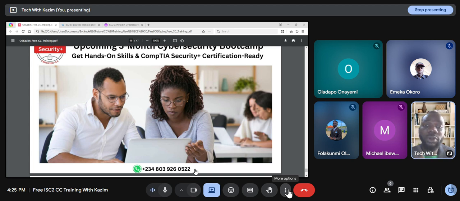And if you want to level up, move higher, like I've said earlier, the CompTIA Sec Plus is for both entry level to mid level, while the CC is just a beginner level certification. But it's still better than not having any, which is why I sacrificed my 5 days to give this to those people who are really interested in getting into cybersecurity and don't know how to do that. I've given them a pathway for the ISC2 Certified in Cybersecurity, and let's see the opportunities that will come after that.